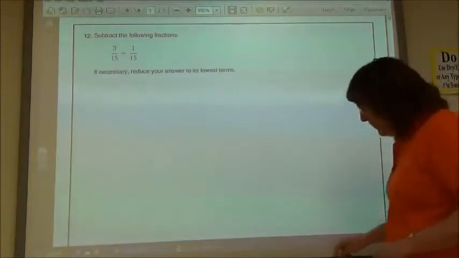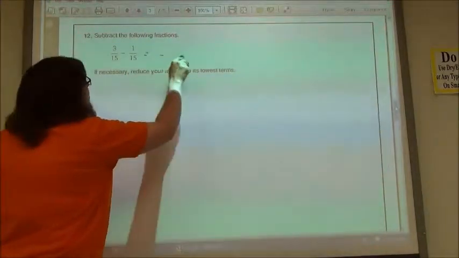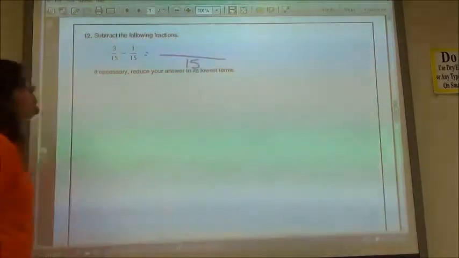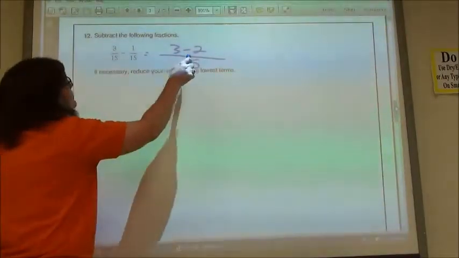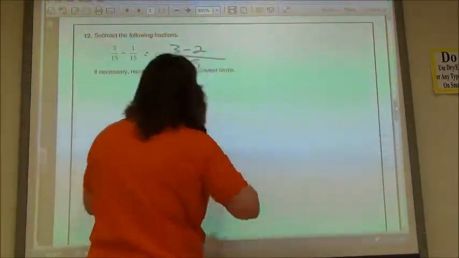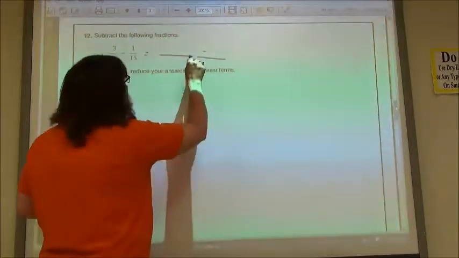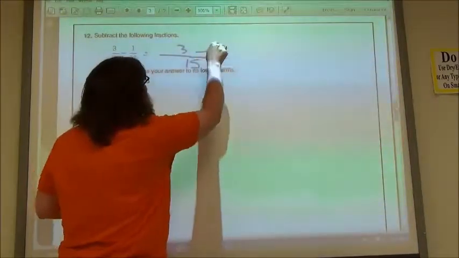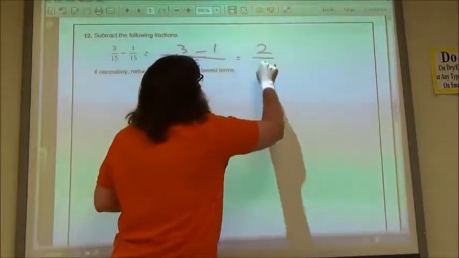Number 12, again, we already have a common denominator. This one we're subtracting, but our denominator is going to stay the same. We're just going to subtract the numerators. So 3 minus, not 2, helps if I write the right problem down. 3 minus 1 is what I have up there. And so 3 minus 1 is going to give us 2/15.